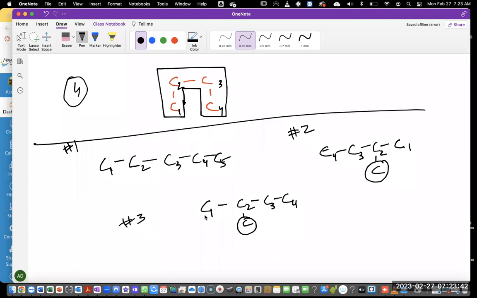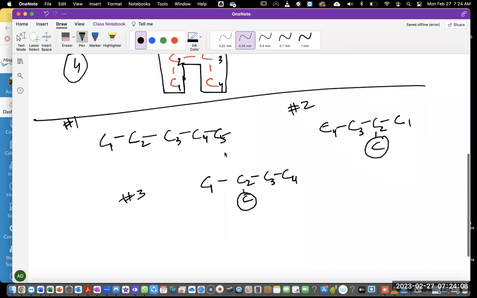Yes, 1 and 3 or 1 and 2 are isomers, but 2 and 3 are the same molecule. They have the same attachment. So this is like saying you're seeing this molecule from this side, and I'm seeing this molecule from the other side, flipping it. So that does not change the molecule. Flipping the molecule does not change the molecule. It's still the same molecule, just a different perspective to look at these two molecules.